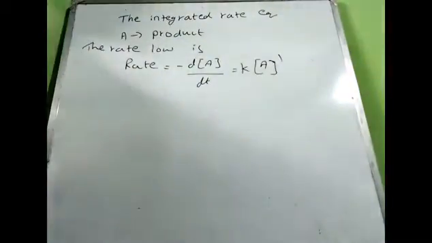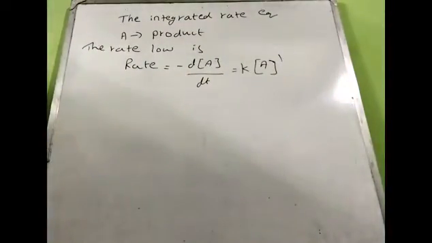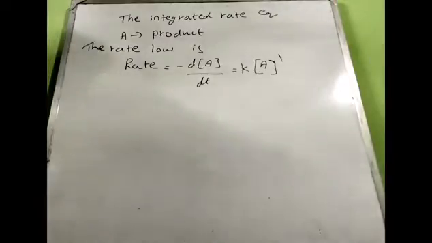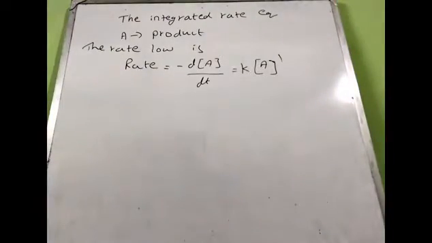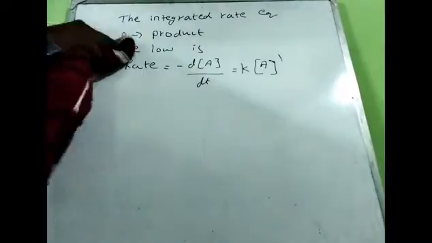At time 0 to t, the quantity goes from A naught to A. So the order of reaction for the first order, we can take like that.